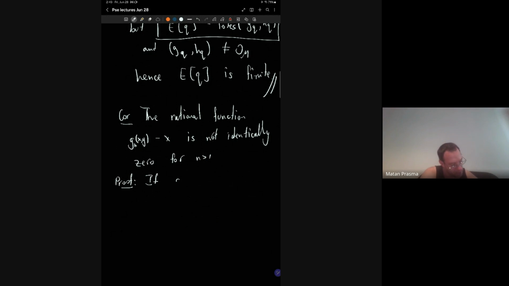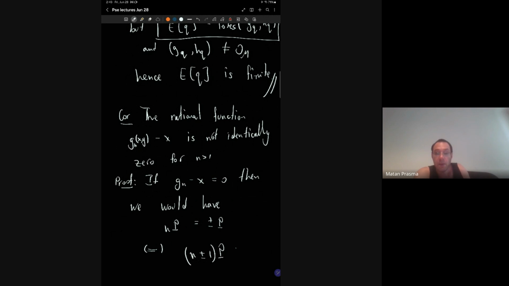If Gn minus x is 0 identically, then we would have nP equal to either plus or minus P. I mean, it would mean that nP has the same x coordinate as P. So nP is either equal to P or to minus P. But nP equal to plus minus P is the same as saying that (n plus minus 1)P is equal to 0. And this is for all P.